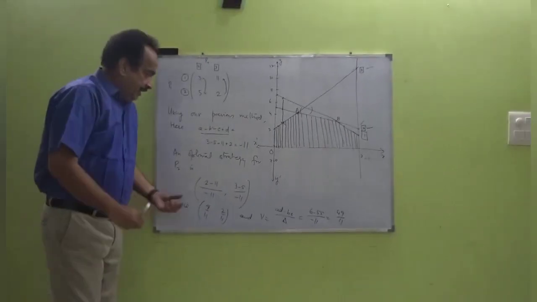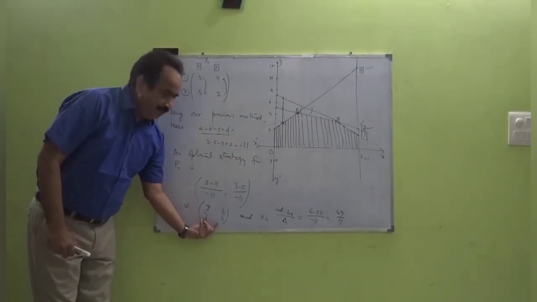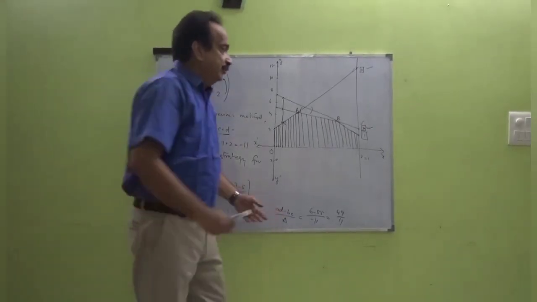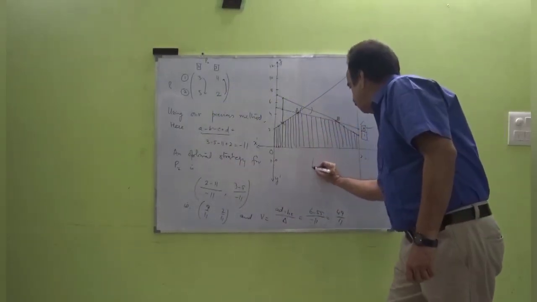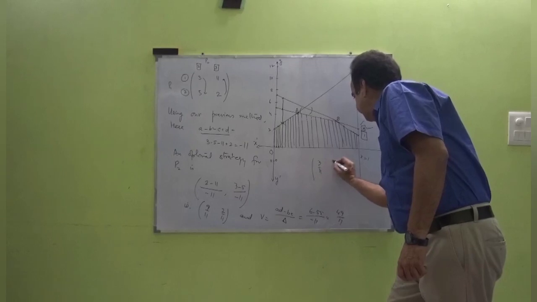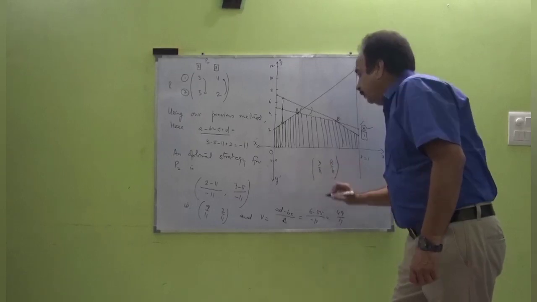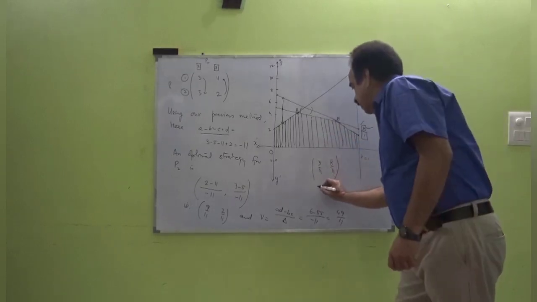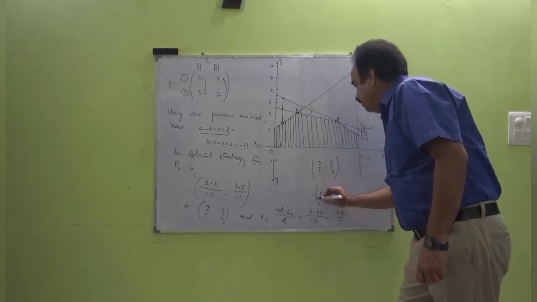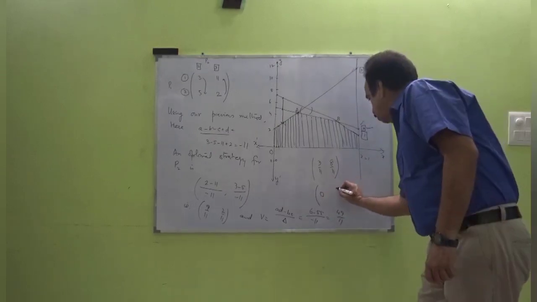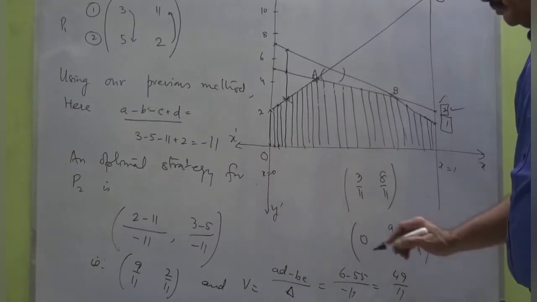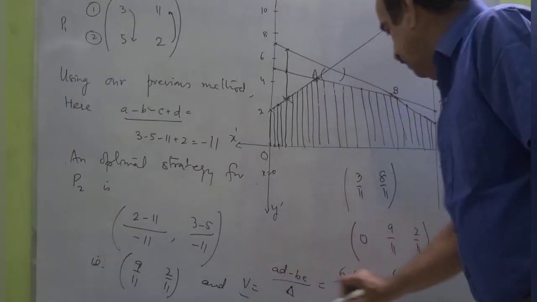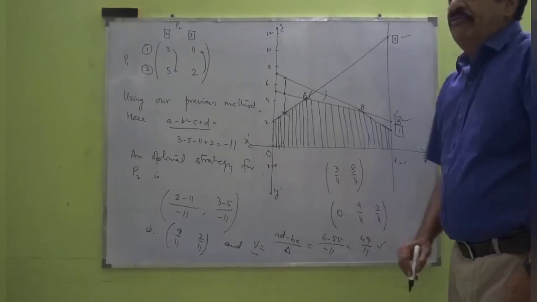Hence, an optimal strategy for P2 is this one, with the same value of the game. Thus, for the given game, an optimal strategy for P1 is 3 by 11, 8 by 11. An optimal strategy for P2 is, remember that he is going to play number 1 with frequency 0, so it's 0, 9 by 11, 2 by 11, and v equal to 49 by 11 as the value of the game.